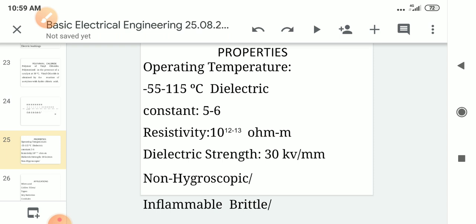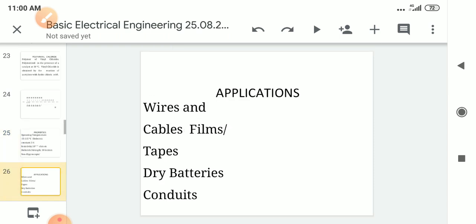So due to these good electrical and mechanical properties, it has a wide range of applications in insulation materials. It is used in insulation of wires and cables. It is used as insulation in dry batteries also. It is used as conduit pipes in electrical wiring systems.